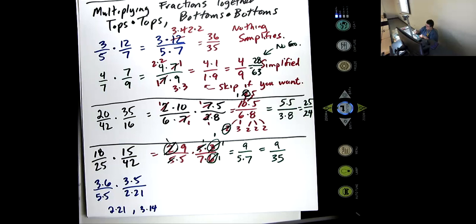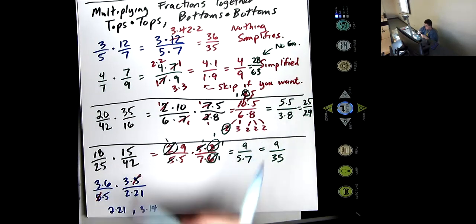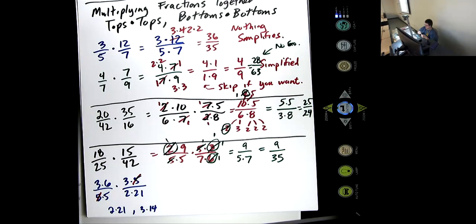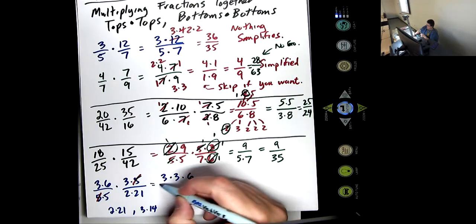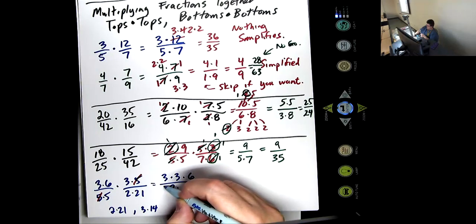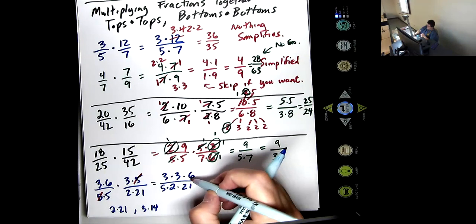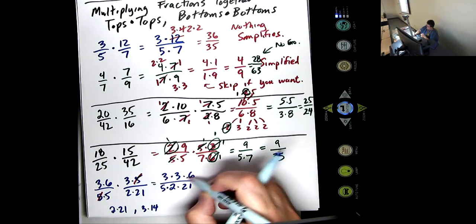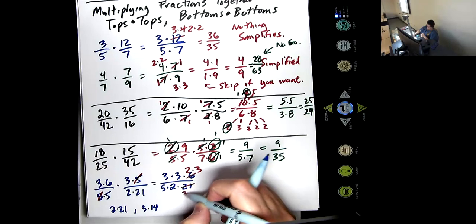Here, I see that 5 still cancels out. And I don't see anything else yet, but I still have numbers that are not prime. So I've got a 3 times a 3 times a 6, and a 2 times a 5 times a 21. And 6 is 2 times 3. And 21 is 3 times 7.